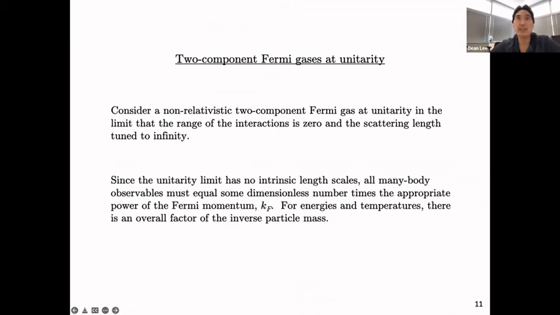So let's consider then this non-relativistic 2-component Fermi gas tuned to the unitarity limit, so that the range of the interactions is 0 and the scattering length is infinite. As I mentioned, there's no intrinsic scale, so everything should be proportional to the relevant power of the Fermi momentum kF. Now for energies and temperatures, there's also this overall factor of the inverse particle mass.